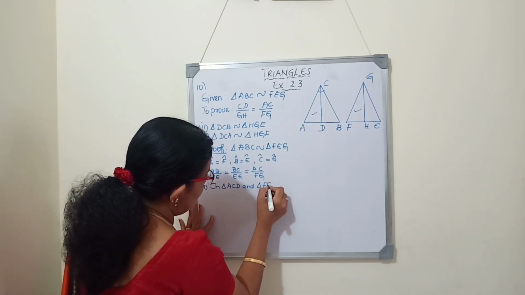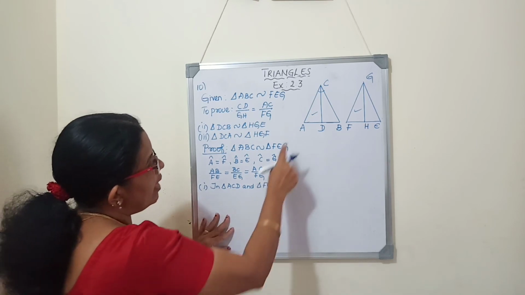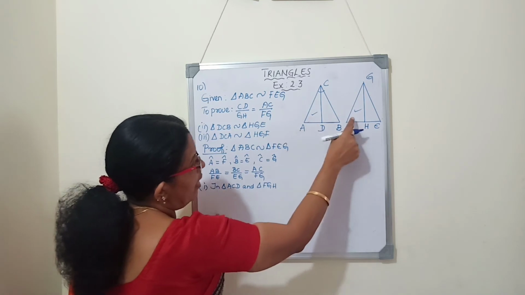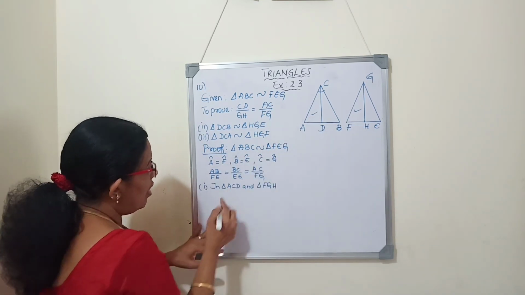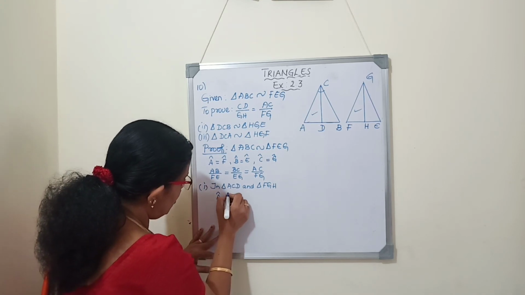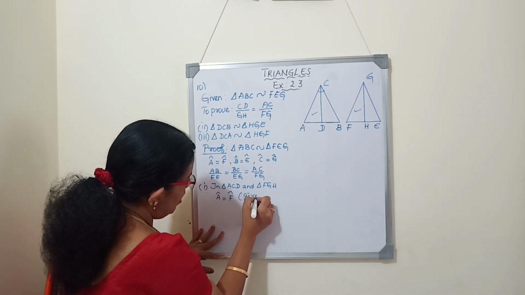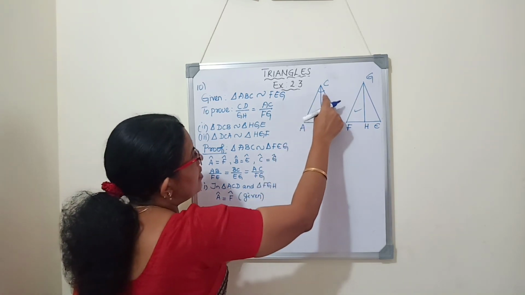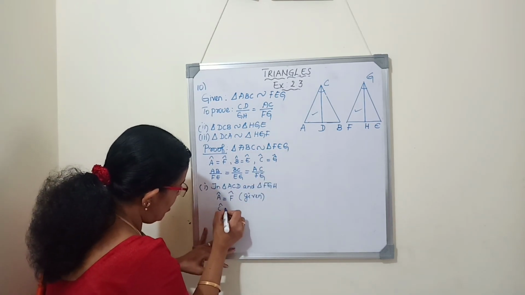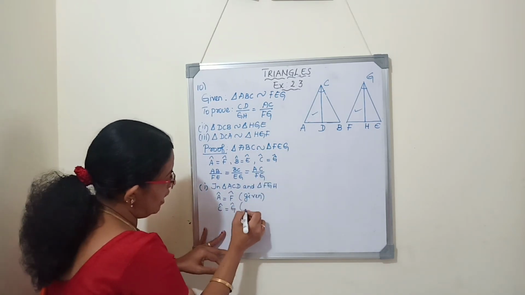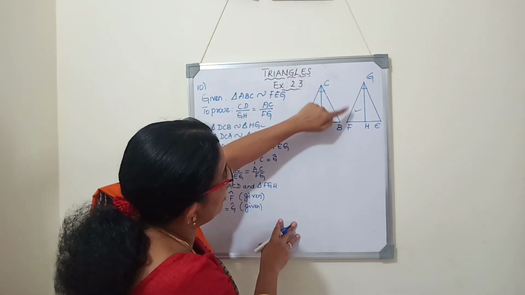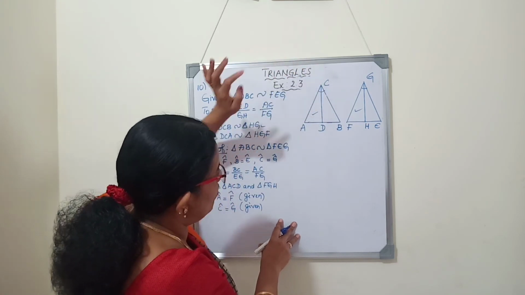In triangle ACD and FGH, it is already given that angle A is equal to angle F, corresponding angles of similar triangles. Next we can write angle C is equal to angle G. But angle C and angle G are not angles of the triangles ACD and FGH, because C means the full angle.